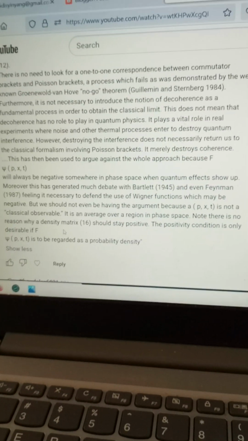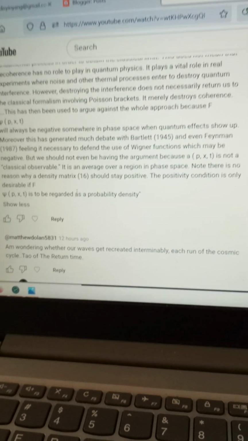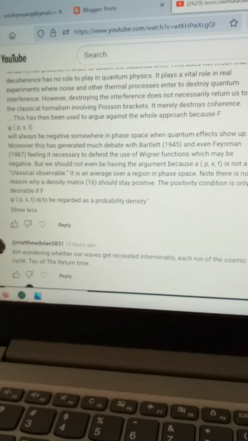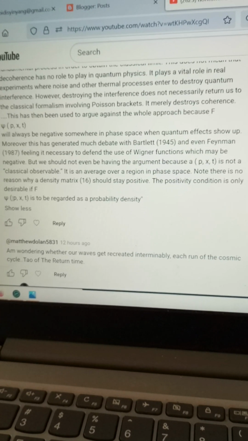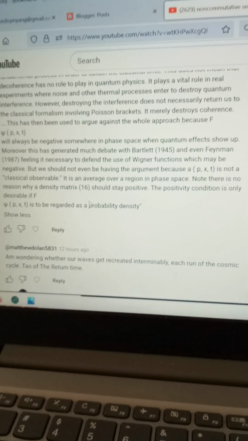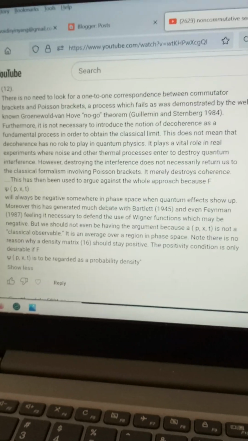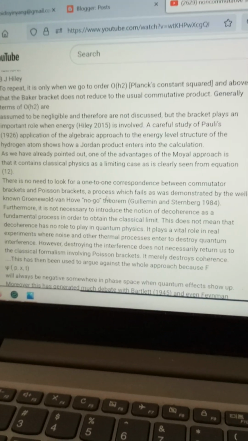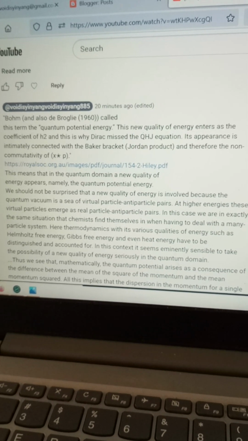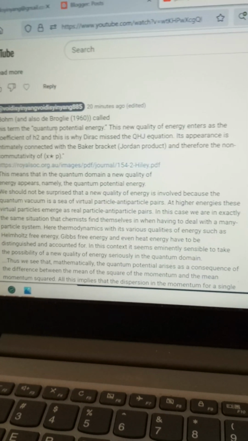Note, there is no reason why a density matrix should stay positive. The positivity condition is only desirable if the psi wave of position, momentum, time is to be regarded as a probability density. So this is before any kind of collapse of the wave function. And then I quote him again: what Bohm and de Broglie called this term the quantum potential energy.